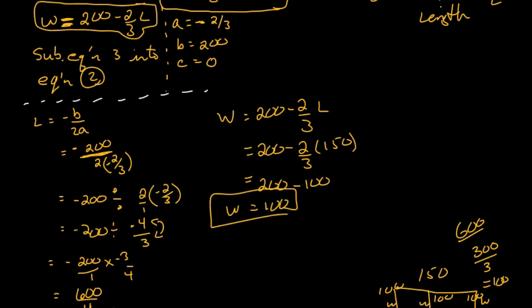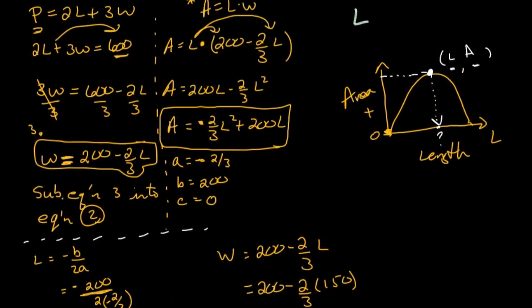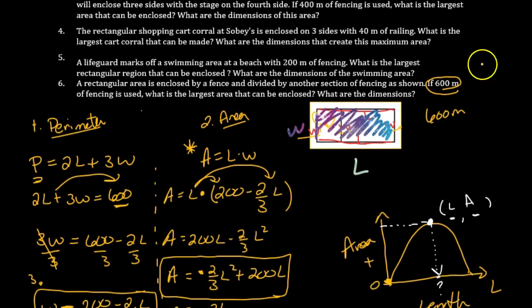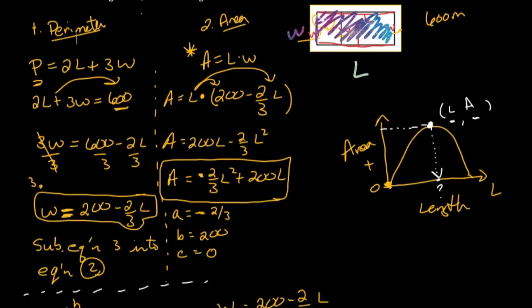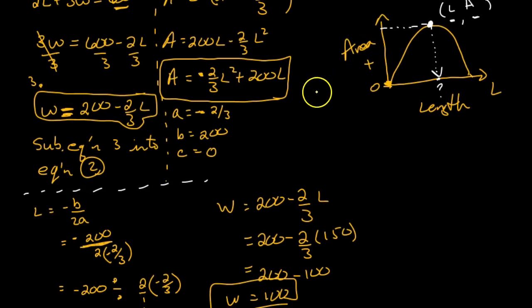And that's it, unless we have to find the maximum area. Let's go back and check our question. Remember this RTQ, read the question, so when you think you're done. What is the largest area that can be enclosed? Okay, so I do have to go back and find the largest area. So you can use your formula here for the largest area.